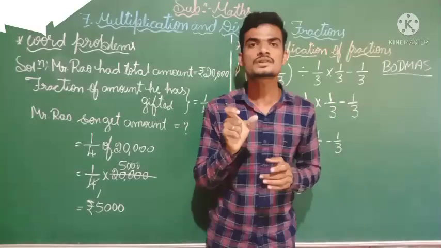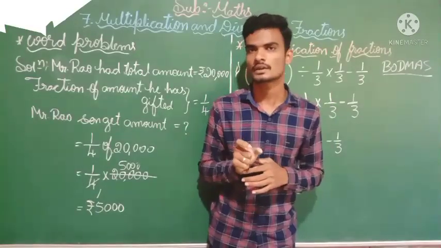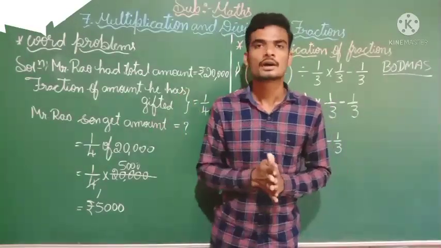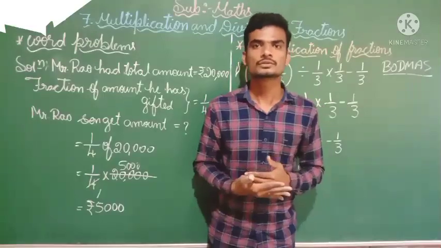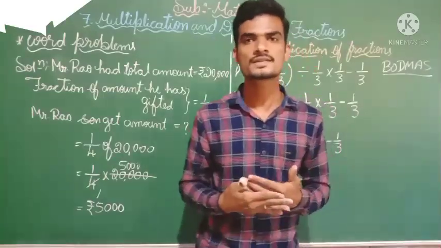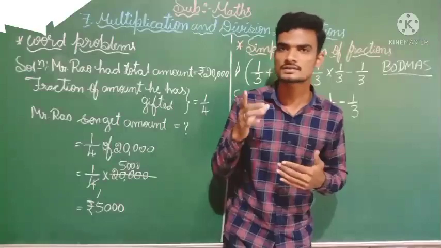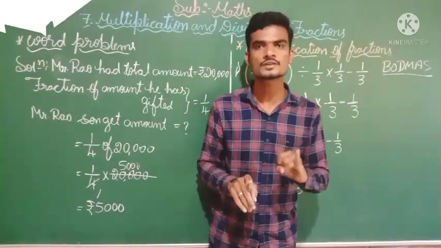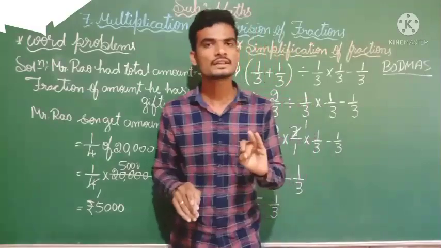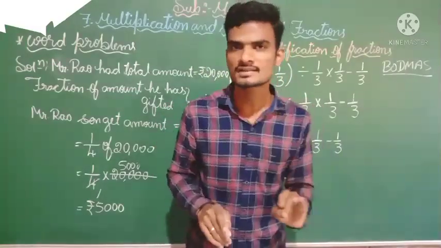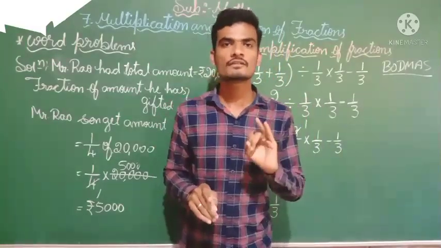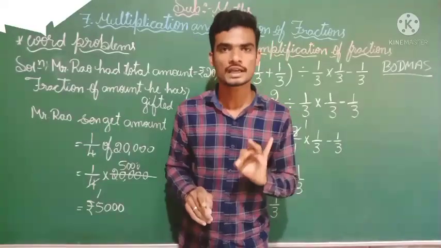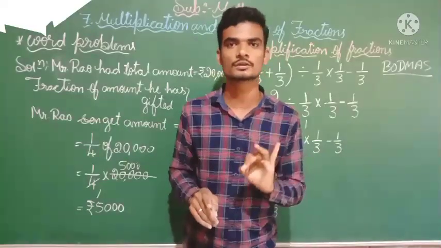Copy the notes properly. I hope everyone has solved the problems I asked you to solve, and everyone should send me a photocopy of them. If you do not solve those problems, you will not understand. So everyone must solve all types of problems in your rough notebook.